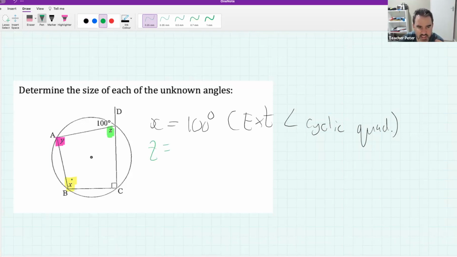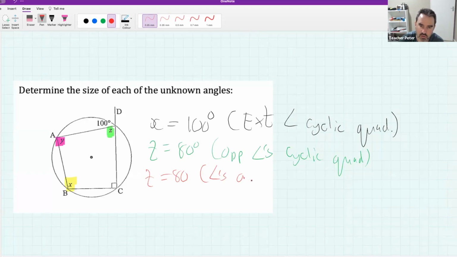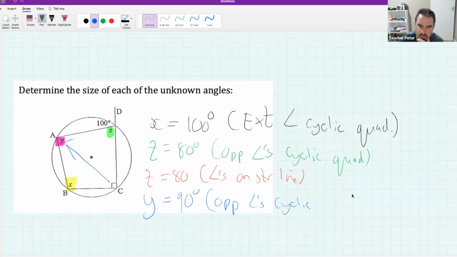You can either say that Z is 80 because of opposite angles cyclic quad, or you could also say Z is 80 because of angles on a straight line. Then the last one, what is Y going to be? Well, these are a pair of buddies, and together they must add up to 90. So Y must be 90. And so this will just be opposite angles cyclic quad.